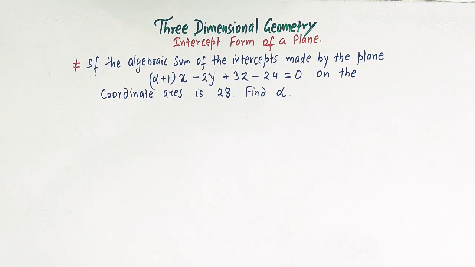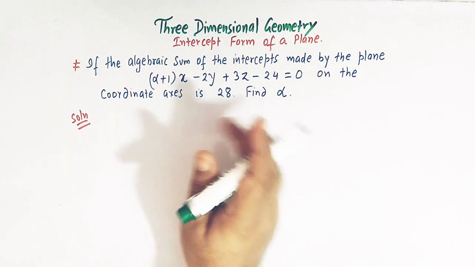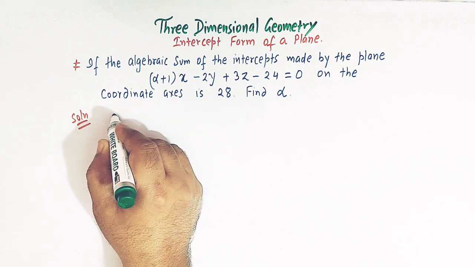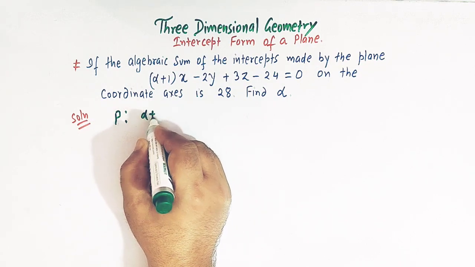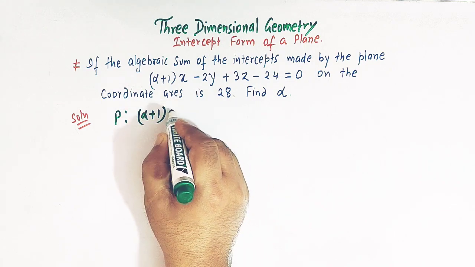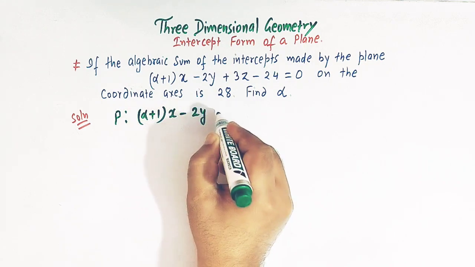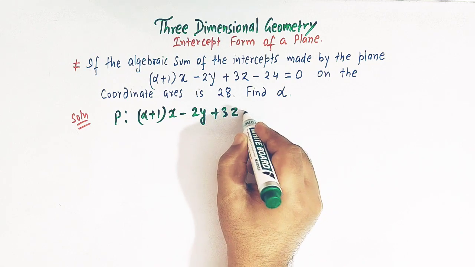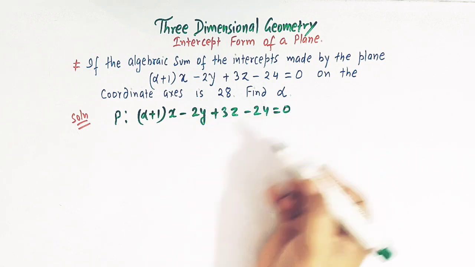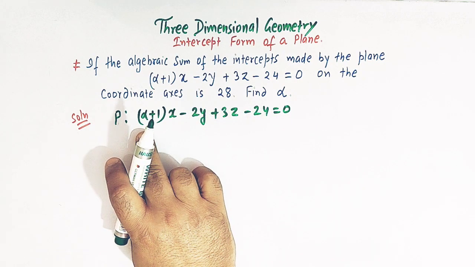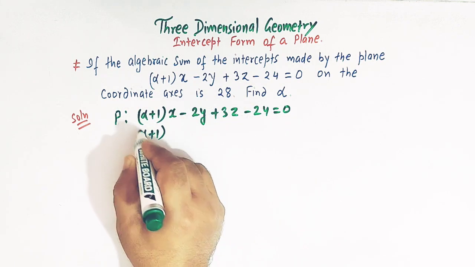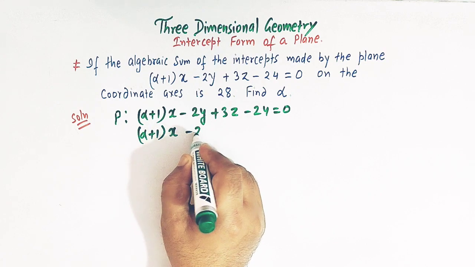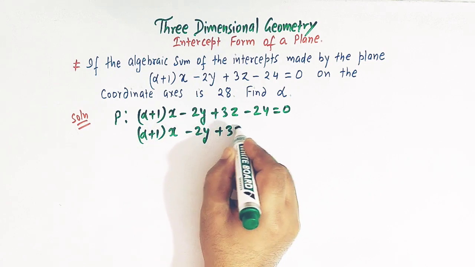So now here we are given a plane, let us call the plane P. We have the equation (alpha plus 1)x minus 2y plus 3z minus 24 is equal to 0. Now let us rewrite this equation like this, that is (alpha plus 1)x minus 2y plus 3z is equal to 24.